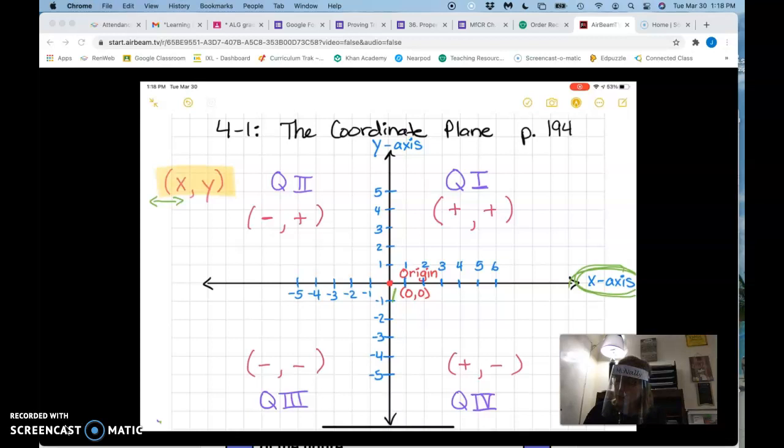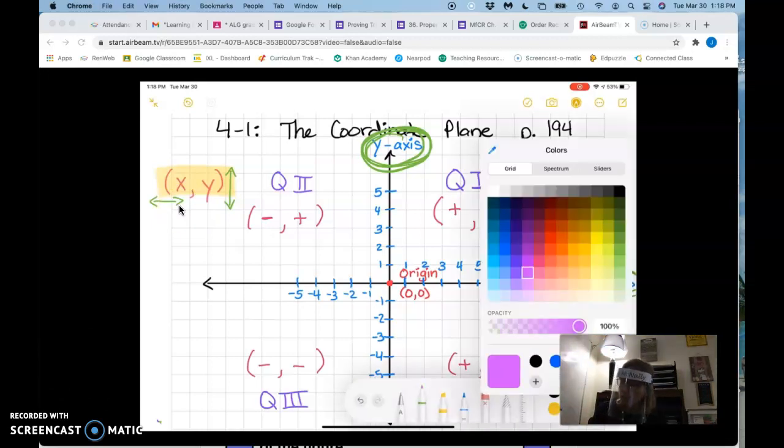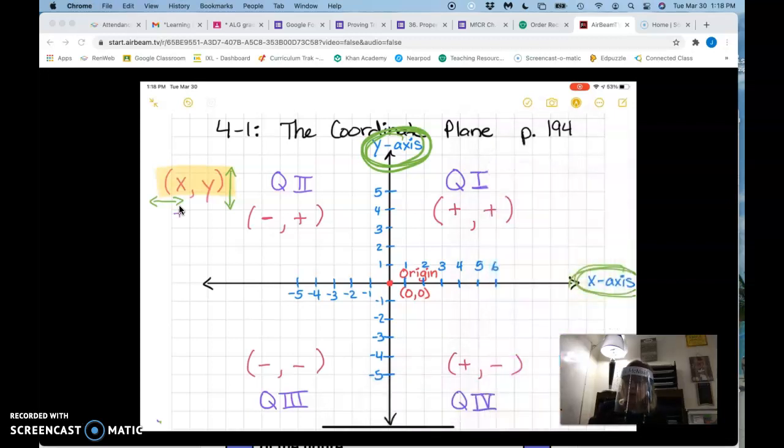And then we're going to move up and down for the y value because the y-axis goes up and down. Okay, so for x, if I am moving to the right, my numbers are going to be positive. If my x moves to the left, it's because I have a negative x value.